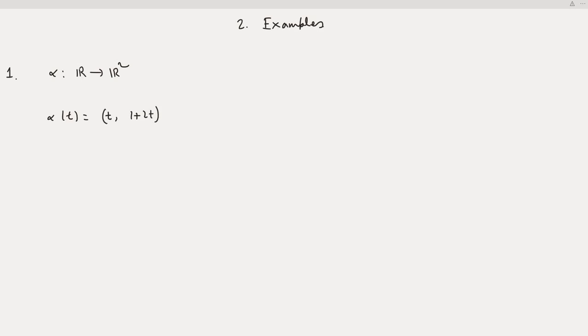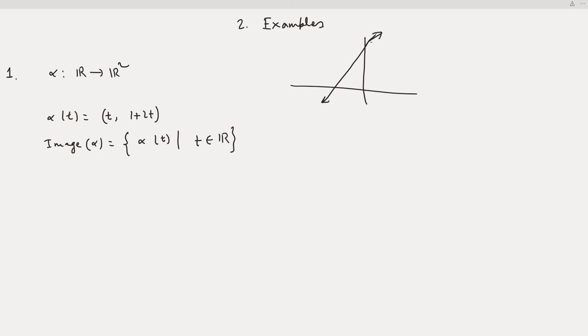We have seen this earlier. The image of alpha is the set of alpha(t) such that t belongs to R, and pictorially this is the curve. This is the x coordinate axis, and the curve is a straight line passing through (0, 1) and (minus half, 0).